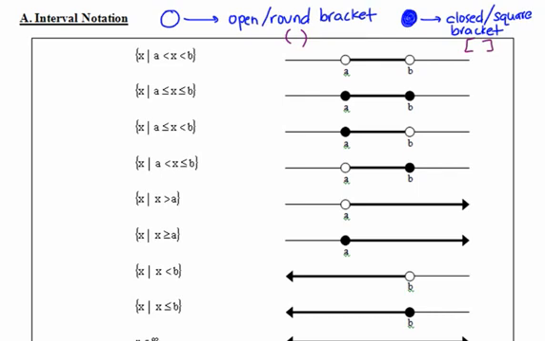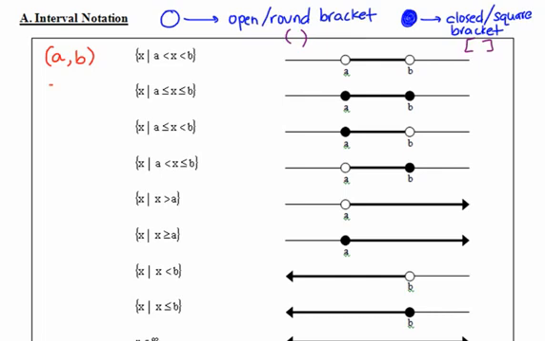For each of these, we're going to write on the left our interval notation, and we already have set notation given to us. Here, this means x is greater than a but less than b. If it's between a and b, it's not equal to a, so a is a round bracket, comma, b, which is also a round bracket because it's not equal to. Those mean the same thing. They're just different notations for domain and range.